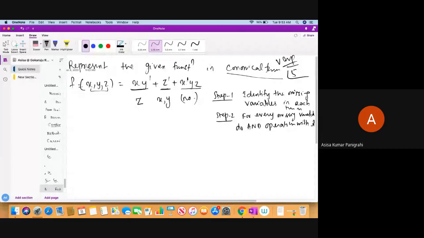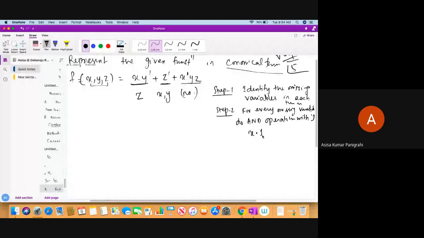If we do x AND 1, it will not change my function. So for however many variables are missing, operate with that many ones. Here z is missing, so only one 1 is ANDed. Similarly here x and y are missing, so AND with 1 and 1. Where no variable is missing, I just keep it as it is.